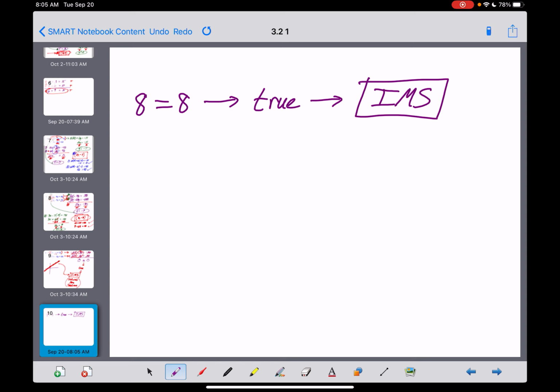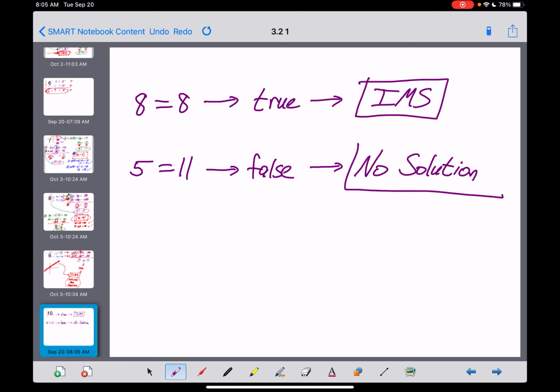The other possibility, though, when all of your variables drop out, is that you end up with a false statement, like 5 equals 11. And if that happens, you want to make at least a mental note and probably write down that that statement is false. And when you end up with a false statement, that is when you have no solution to your system of equations. Okay, so those are the 2 special cases that happen.